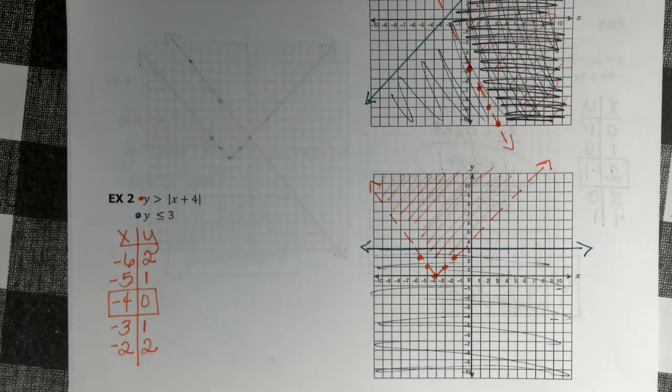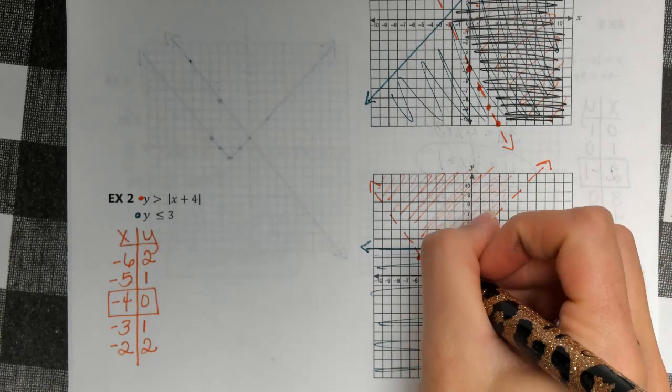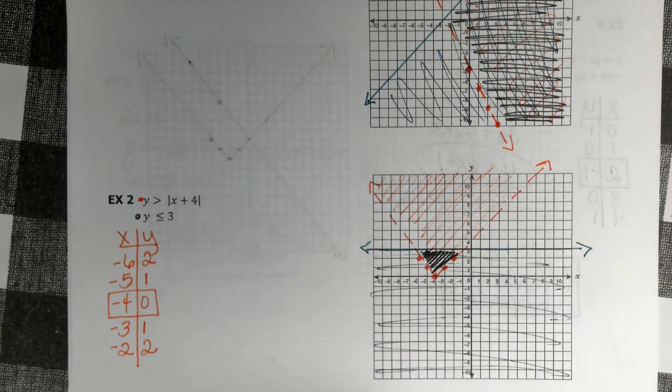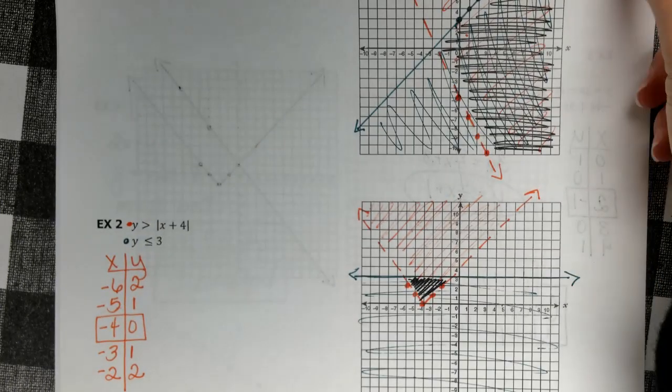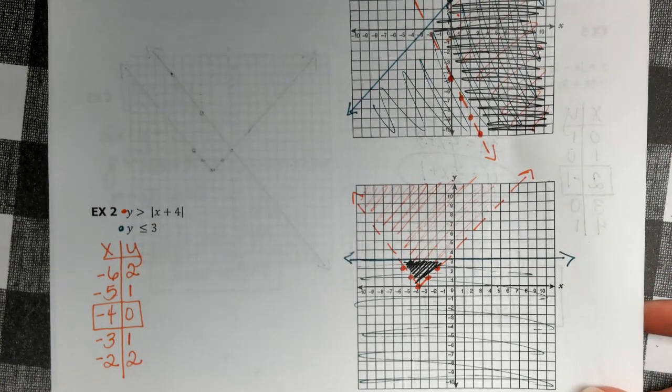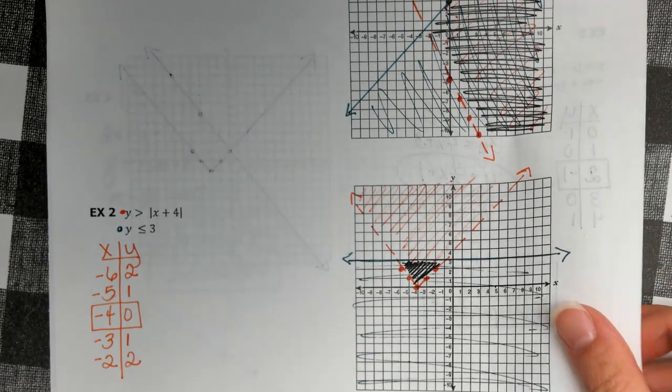So my overlapped region is this little triangle. Good? Okay.